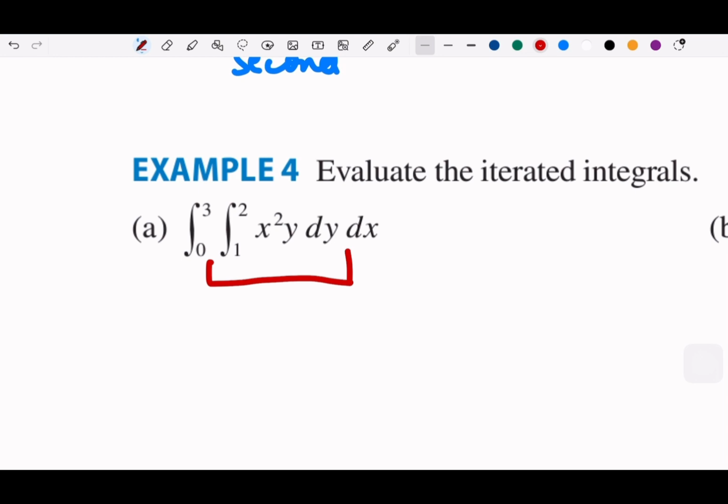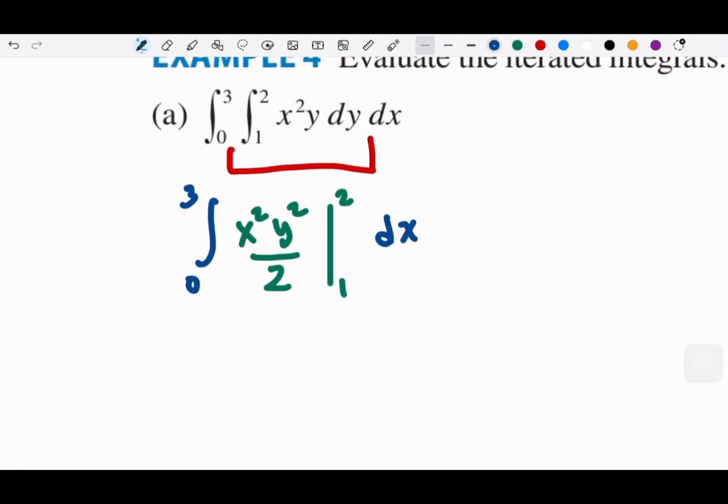The outside I will write just as it is, and the inside will be x squared y squared over 2, then plug in 1 and 2, and we still have dx. Remember that this 1 and 2 is y, so let me write y equals 1, y equals 2, so you have a good sense of where it is.